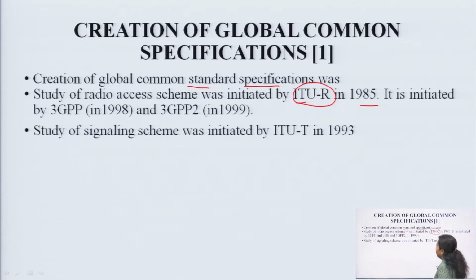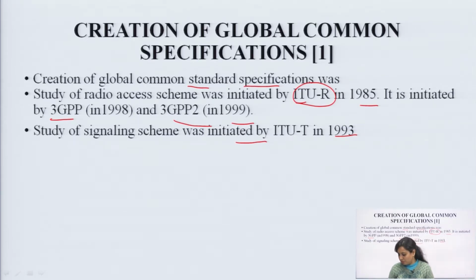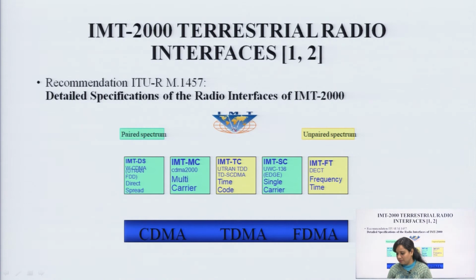It was initiated by 3GPP, that is the third generation partnership project, that comes after 3G. 3G is UMTS in the year 1998 and 3GPP2 in the year 1999. So, the study of the signaling scheme was initiated by ITU-T, International Telecommunication Union T, in the year 1993, that is the creation of these global common specifications.